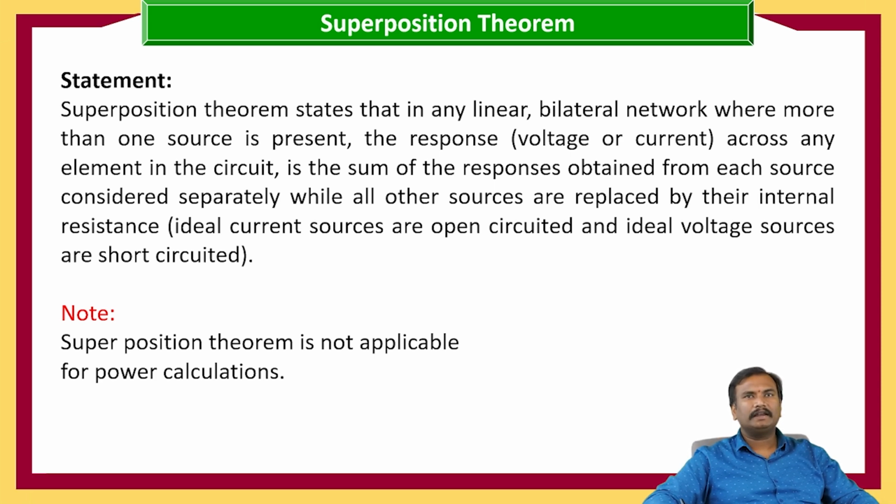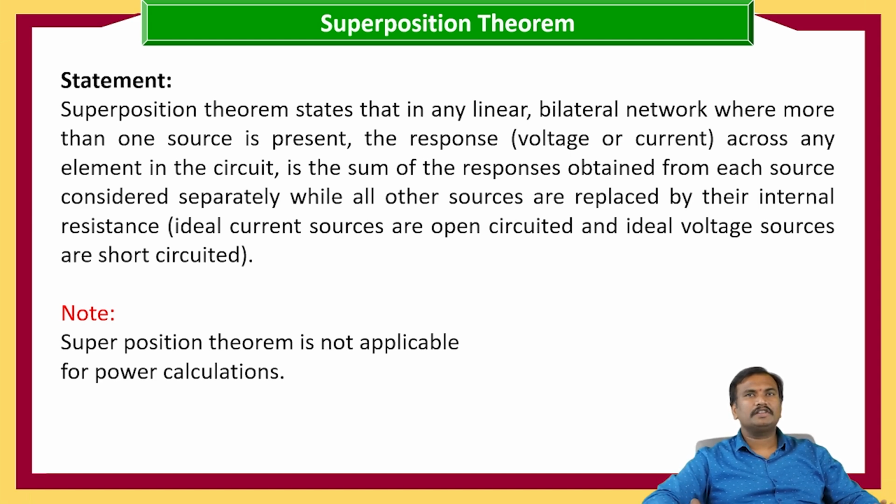The superposition theorem states that in any linear bilateral network which consists of more than one source, the response in any element in the circuit is the sum of responses caused by individual sources acting alone, by making other sources non-operative, or other sources are replaced with their internal resistances. That means current source open circuit and voltage source short circuit.